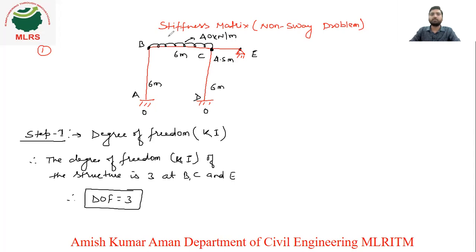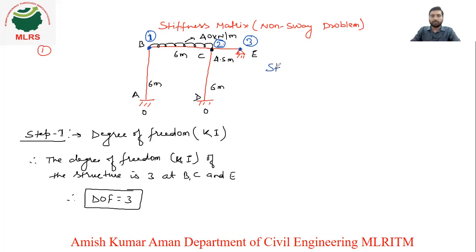This is your coordinate number 1, because there is a hinge and degree of freedom is there at B, so let's take it as point 1. This is coordinate number 2 and this is coordinate number 3. So we have marked all 3 coordinates. B is your coordinate number 1, C is your coordinate number 2 and E is your coordinate number 3.